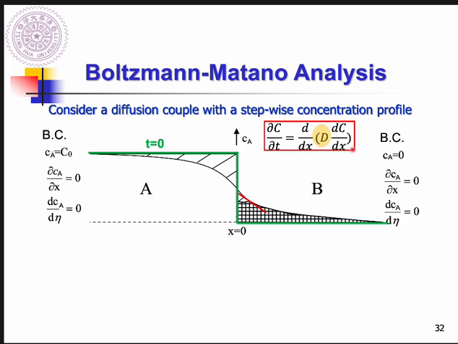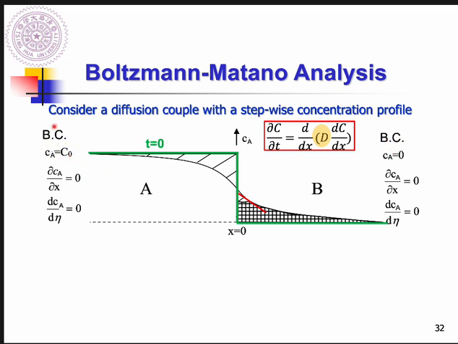So this is the diffusion equation, and this is the material we just showed you: an A-B diffusion couple, and we use the green line to plot the concentration of atom A before diffusion happens. So we get this step function. Before diffusion happens, we need boundary conditions, listed on this slide.